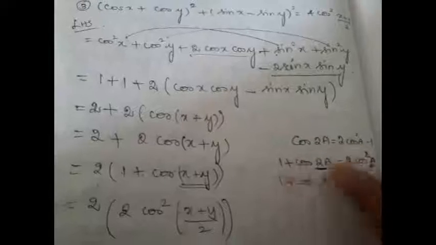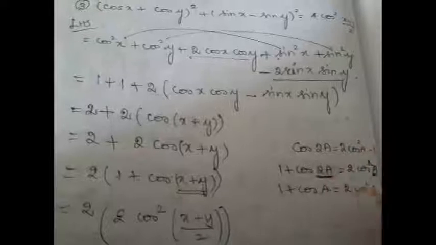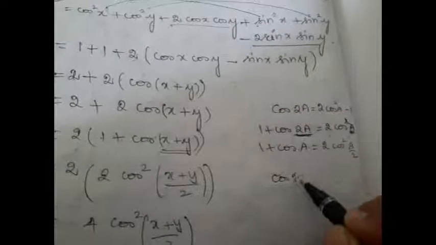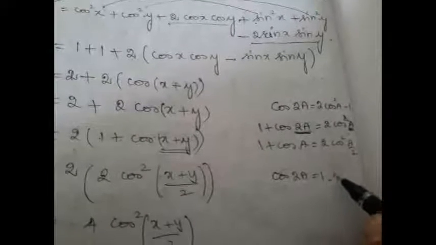This is also a well-known result which we will be using in most of the problems. So whenever you have 1 plus cos 2a, you can replace it by 2 cos square a. Similarly, we have another form also, right? 1 minus 2 sin square a is also cos 2a. What is cos 2a? Cos 2a is 1 minus 2 sin square a.